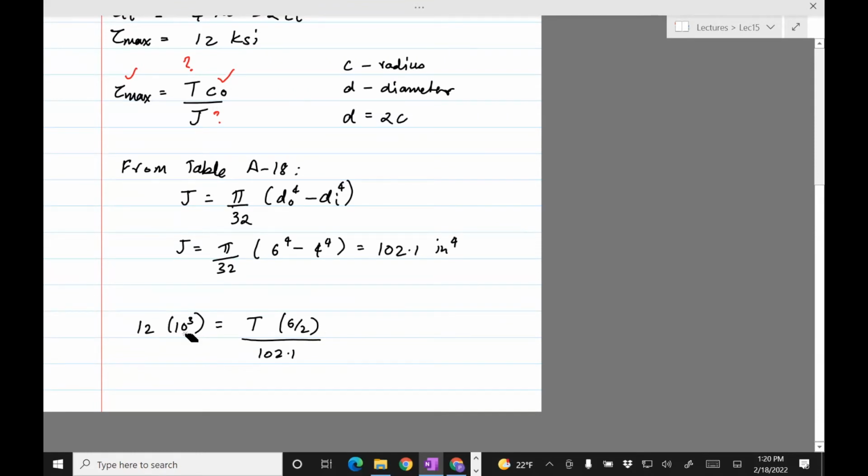So let's not substitute ksi, just substitute the value for k in the ksi. So just put 12. In that way, the answer for torque will be in kip inch, right? So this would give me T equals 408.4 kip inch.